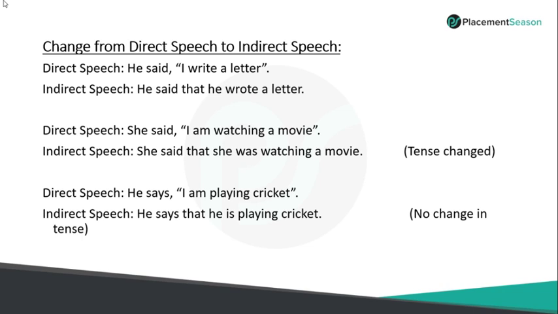Okay, now look at the second one. He says, I am playing cricket. Here, says is in present tense. So when changed to indirect speech, he says that he is playing cricket. There is no change in tense. Now, let's move on to the next question.